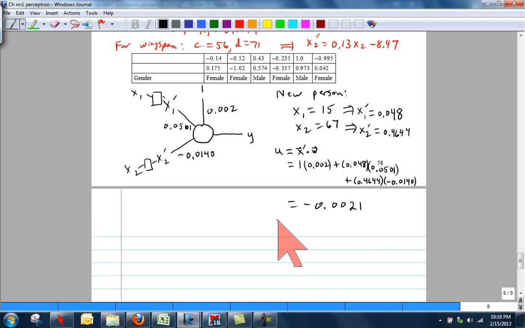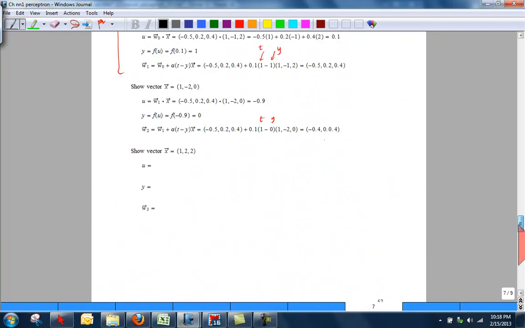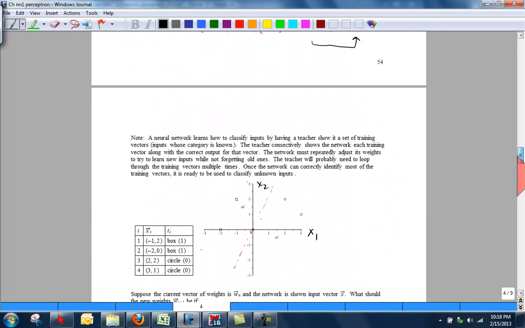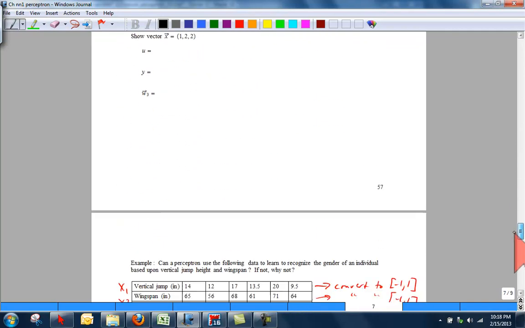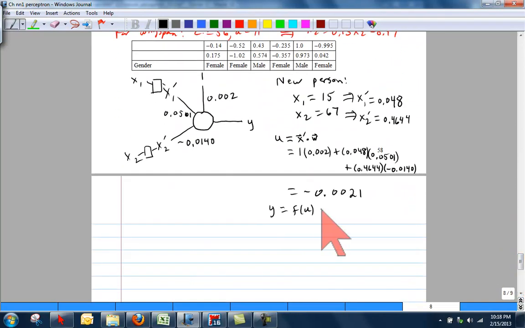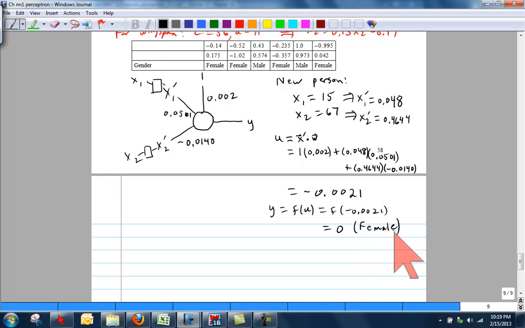Remember what that is. That's U, the dot product, and finally Y is f of U. F, remember, is the step function. We're back here. It's 0 if U is negative, and it's 1 if U is positive. And we got a negative number for U, and therefore the output is a 0, and we say that this person is female.